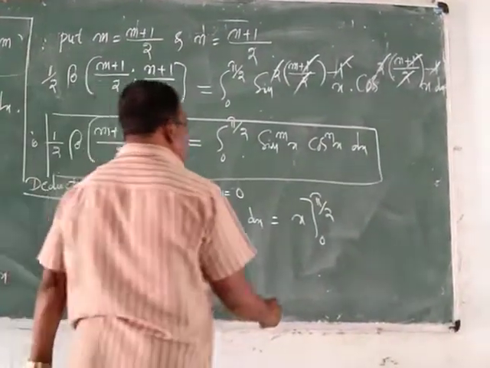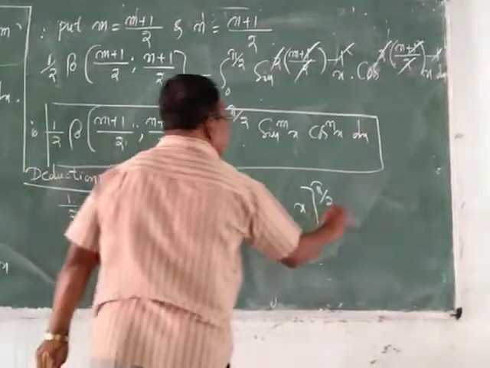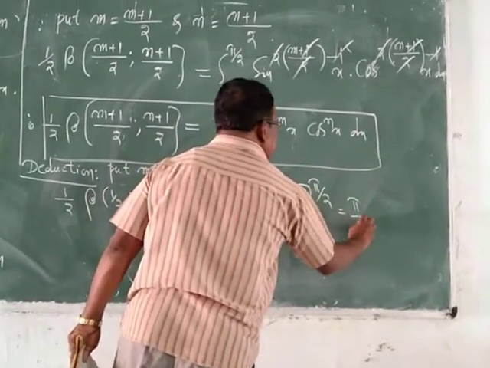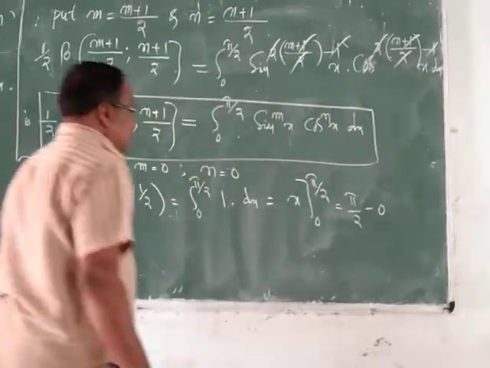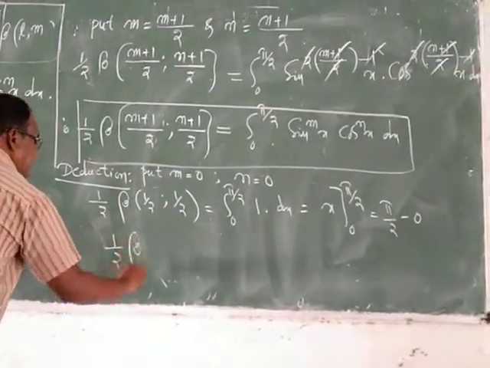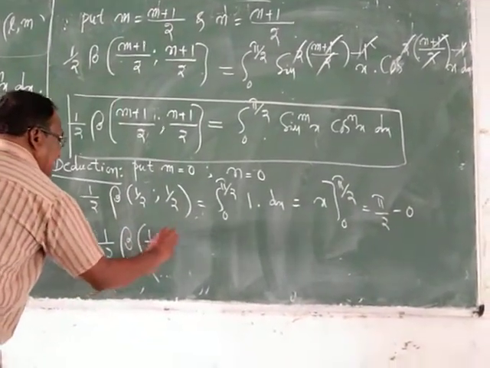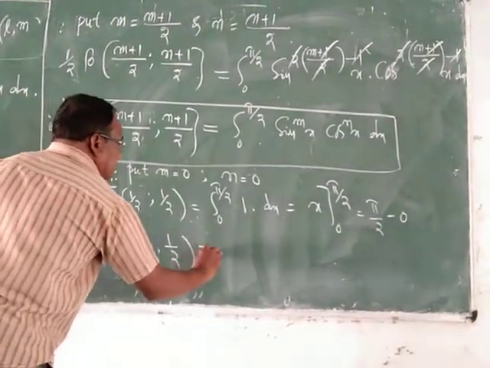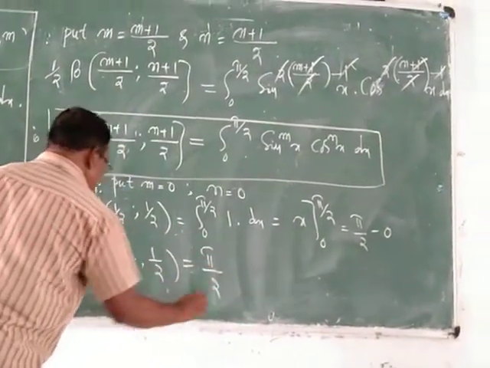Substituting the limits here, we get pi by 2 minus 0, which is equal to just pi by 2. That is, half into beta half comma half is equal to pi by 2.